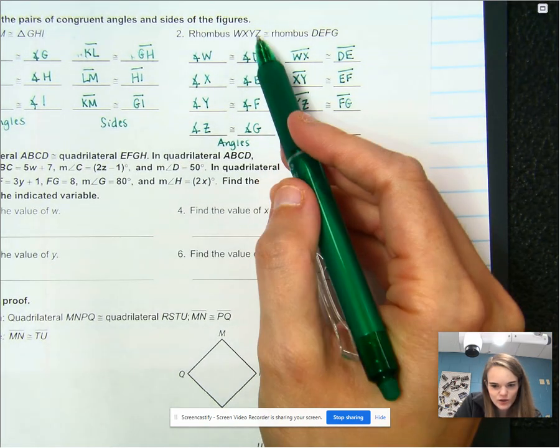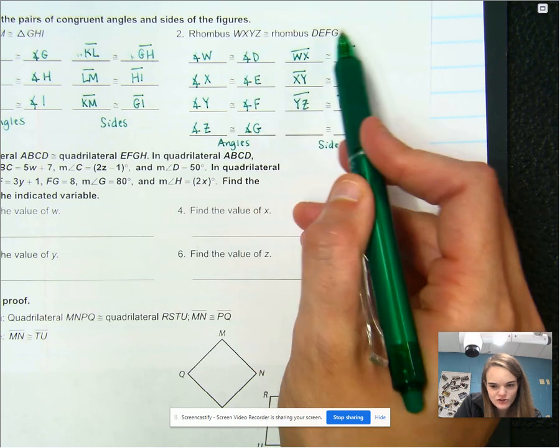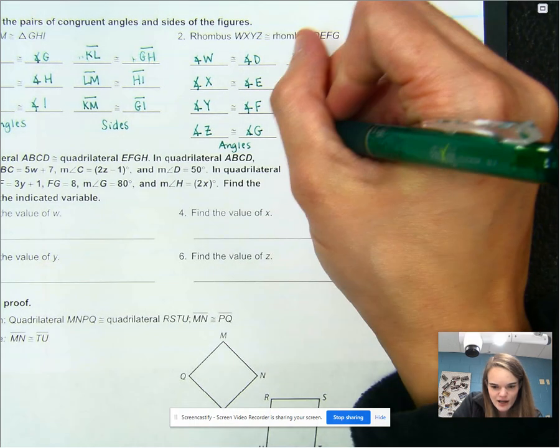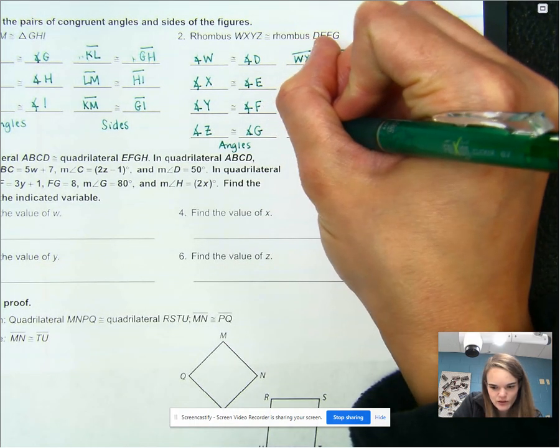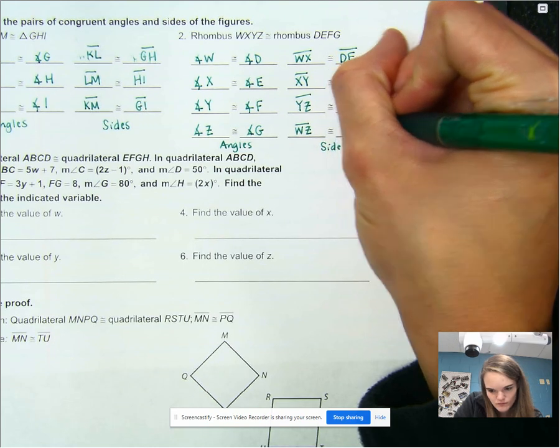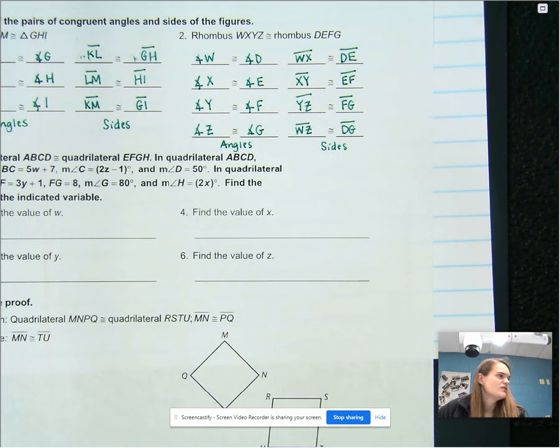And remember, I can either go Z to W and G to D, or W to Z and D to G. I like going in alphabetical order, but you get to choose. There are my 4 sides and my 4 angles. Okay, then we're going to do 3 through 6.